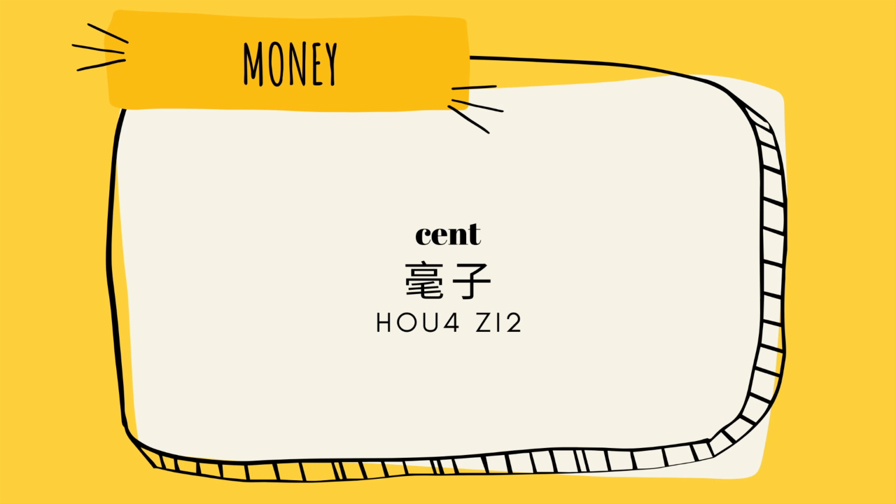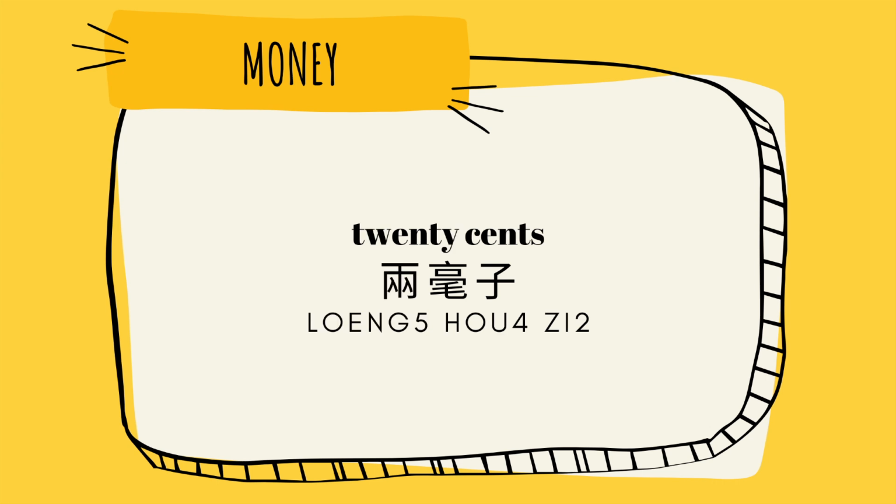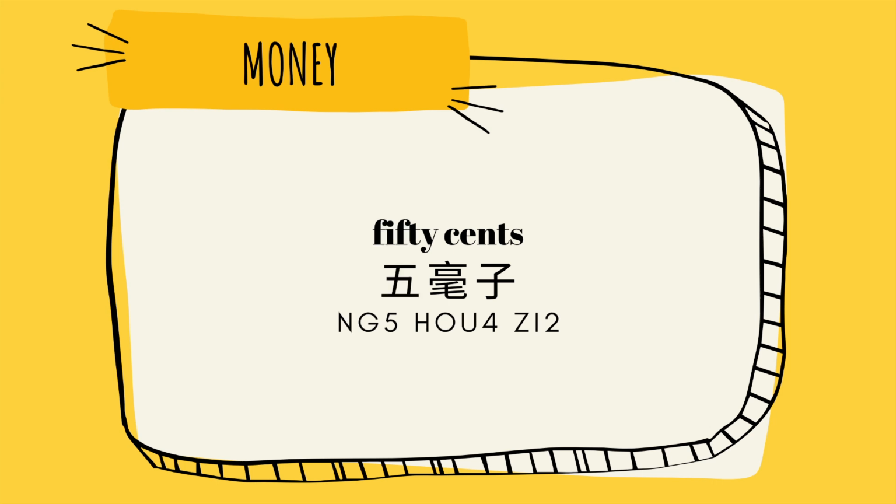For example, 10 cent is 一毫子. 20 cent, 兩毫子. 50 cent, 五毫子.